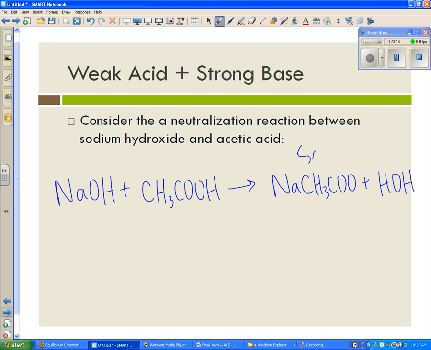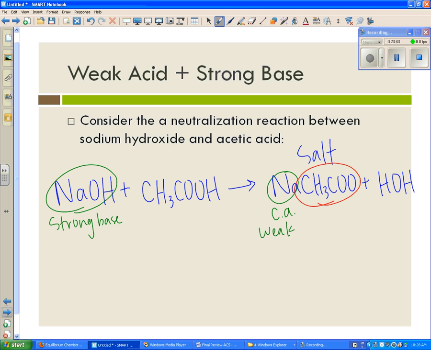So here's our salt. Let's take a look at the cation and the anion in this salt. The cation, which is a conjugate acid, comes from sodium hydroxide, which is a strong base. That makes this conjugate acid weak. The anion, the acetate ion, is a conjugate base.